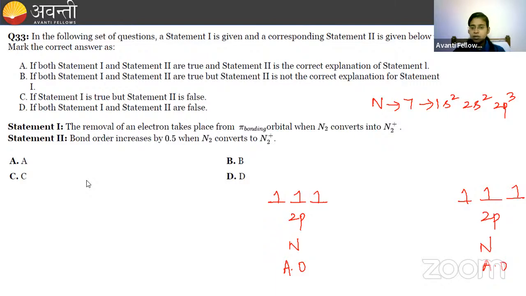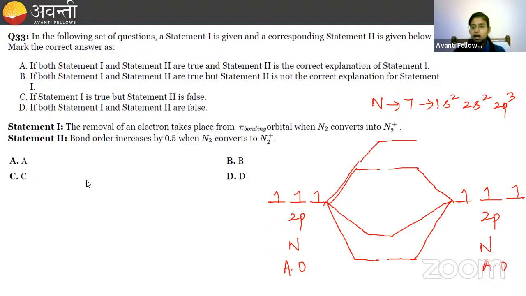So the number of atomic orbitals combining is equal to the number of molecular orbitals formed. So 6 orbitals combine to form the 6 molecular orbitals. So here is 2, 1. And above we'll have 2. And above that we will have 1.